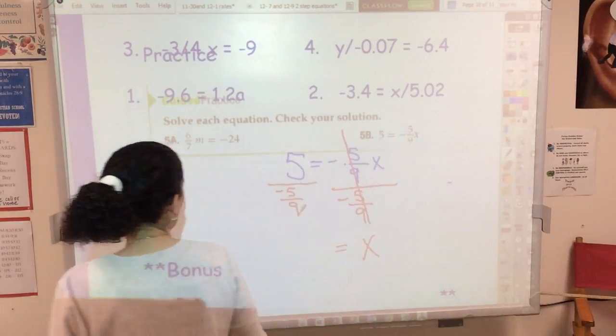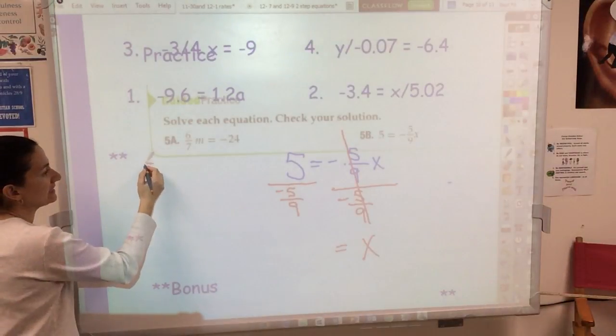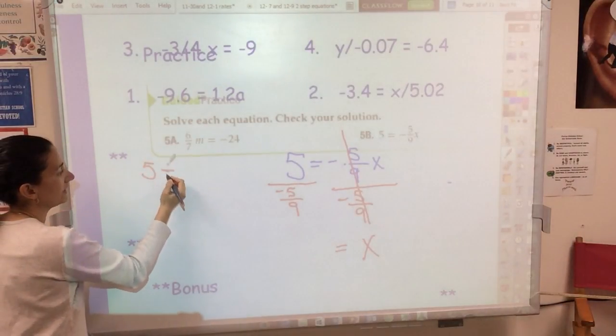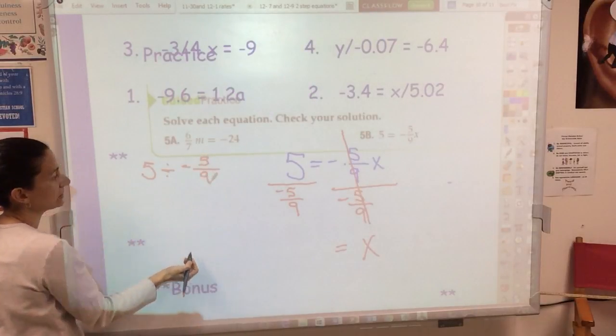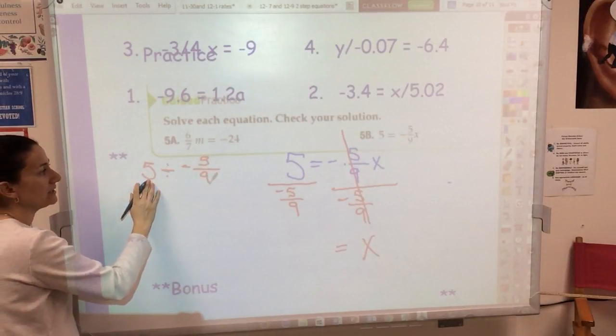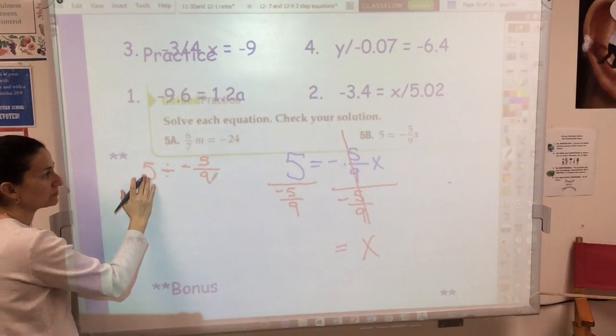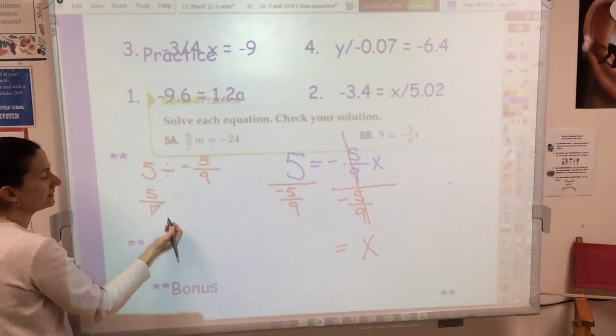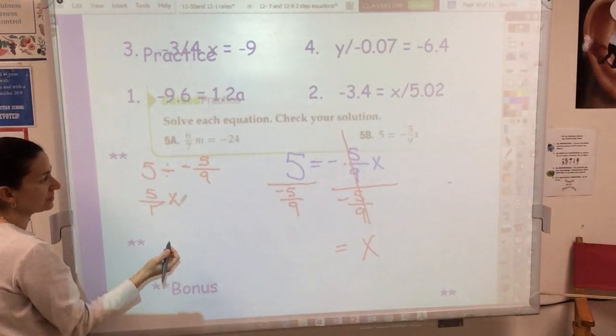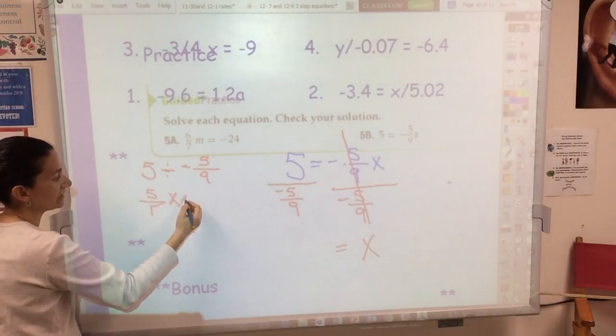Let's take a look at what that actually is. That is 5 divided by negative 5/9. All right, if I have any mixed numbers or whole numbers, I'm going to make them improper. So this becomes 5 over 1. This becomes multiplication, and I flip the second fraction.